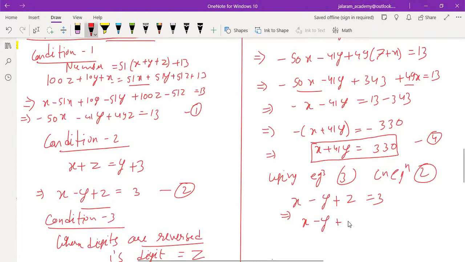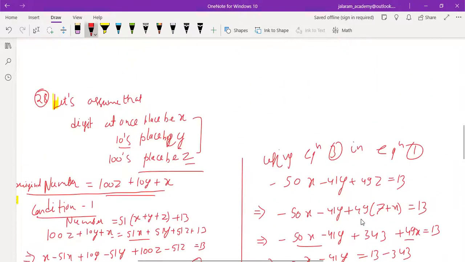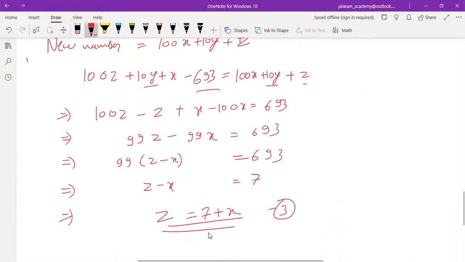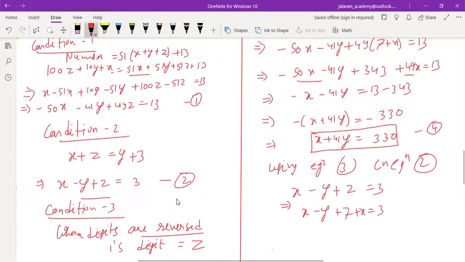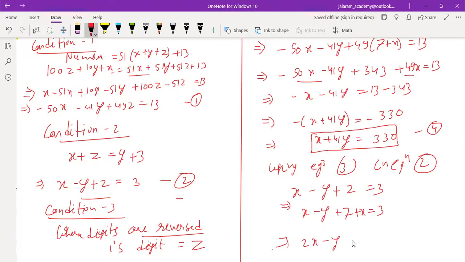So x minus y plus 7 plus x equals 3, as z equals 7 plus x in the third equation. So if we use it in equation number 2, now it is 2x minus y equals 3 minus 7, minus 4, which is equation number 5. So we can now easily solve these two equations as they have only two variables.